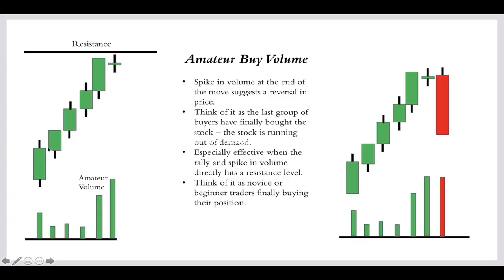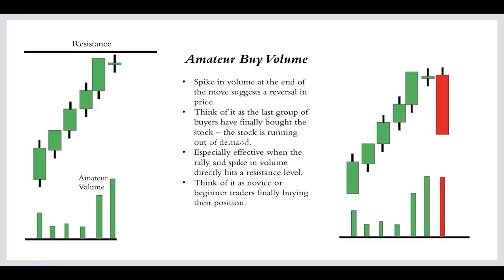Let's say we have a multi-bar move towards the upside where we have 1, 2, 3, 4, 5 green bars in a row, and we start to get a spike in volume towards the end of the move. After you see the 5 green bars in a row and you get a huge spike in volume, that suggests that that is the end of that move and a reversal might take place, okay?